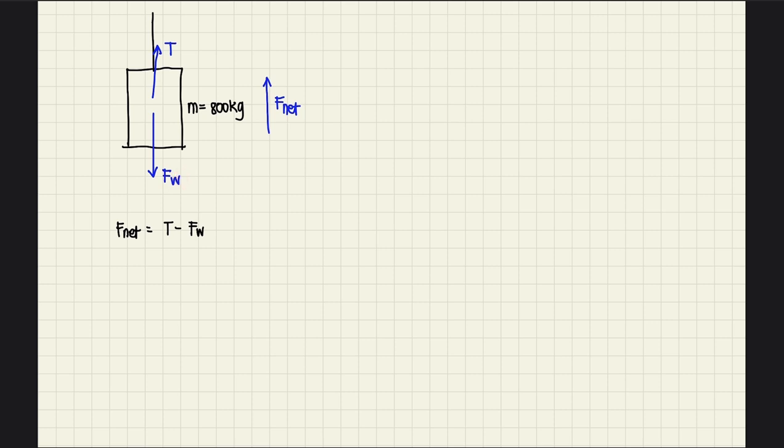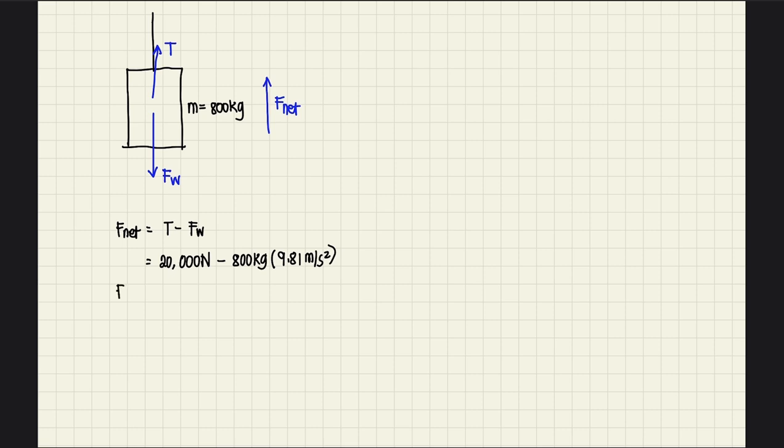So what is tension equal to? Tension is equal to 20,000 newtons. What is the weight of the elevator equal to? The elevator's weight is equal to the mass of the elevator, that's 800 kilograms, times the acceleration due to gravity, that's 9.81 meters per second squared.